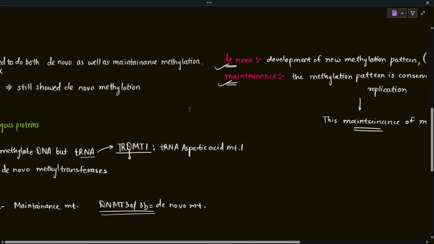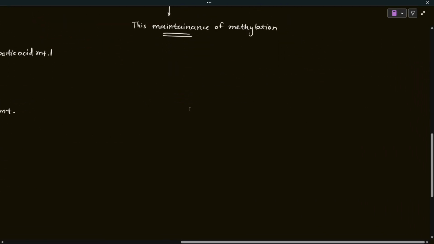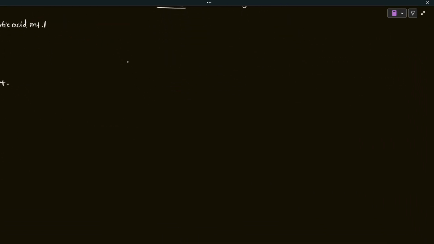Then scientists developed knockout mice for each member of this family, DNMT1, DNMT2, DNMT3a and DNMT3b.